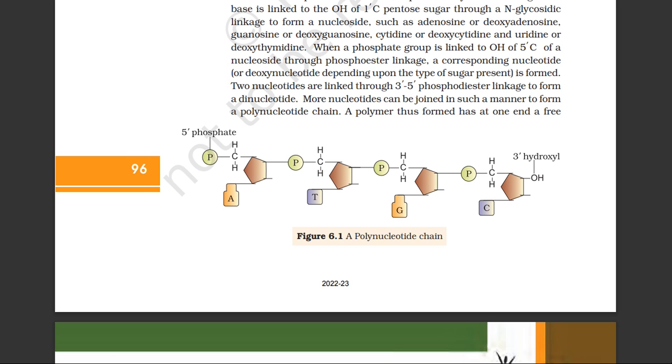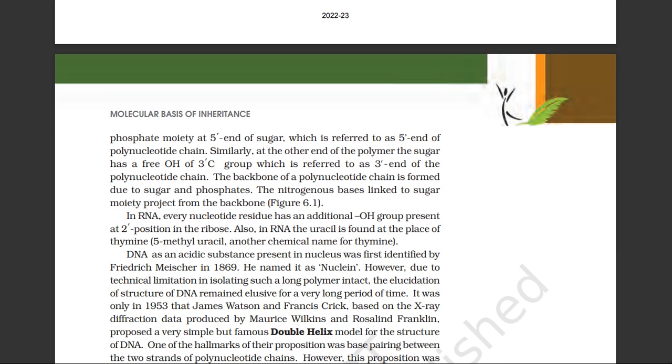A polymer thus formed has at one end a free phosphate moiety at 5' end of sugar, which is referred to as 5' end of polynucleotide chain. Similarly, at the other end of the polymer, the sugar has a free OH of 3' C group, which is referred to as 3' end of the polynucleotide chain. The backbone of a polynucleotide chain is formed due to sugar and phosphates.